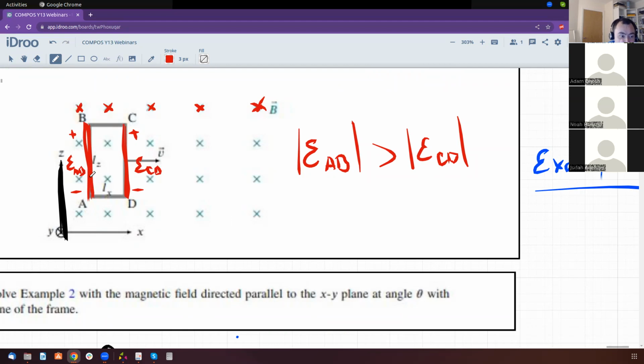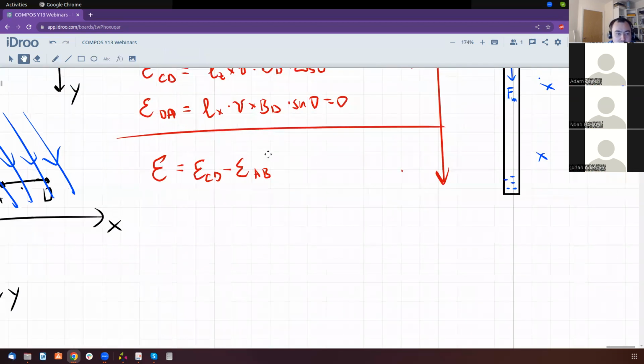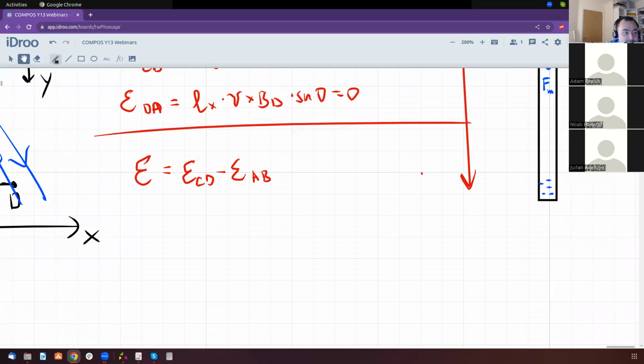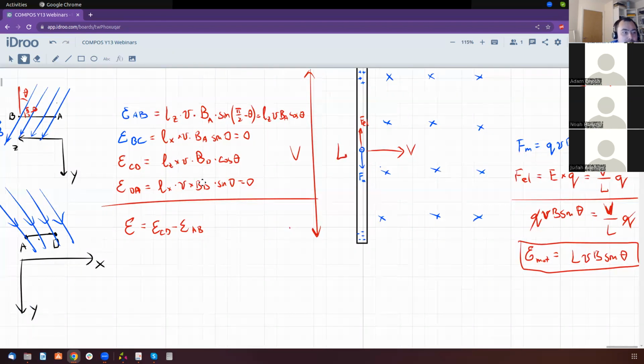So ultimately, you will have a clockwise current through the loop. So EMF is ECD minus EAB.